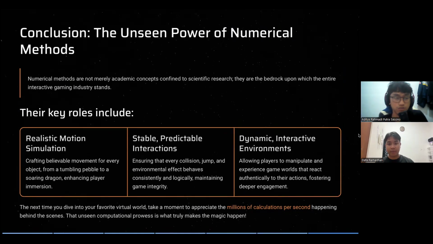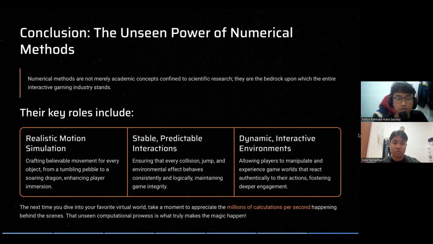As for the conclusion, numerical methods are not merely academic concepts confined to scientific research. They are the bedrock upon which the entire interactive gaming industry stands. Their key roles include realistic motion simulation, which crafts believable movement for every object from a tumbling pebble to a soaring dragon, enhancing player immersion, and stable, predictable interaction, which ensures that every collision, jump, and environmental effect behaves consistently and logically, maintaining game integrity.